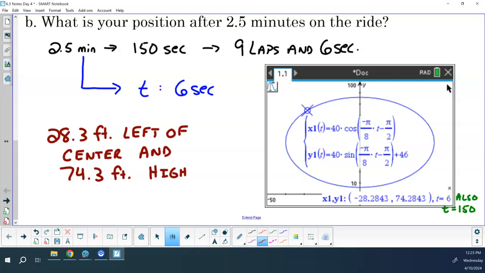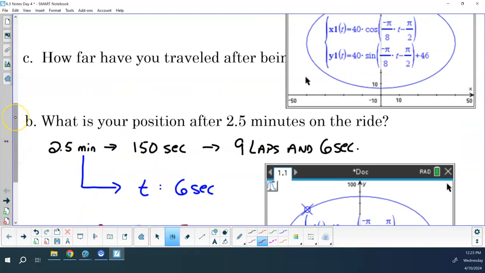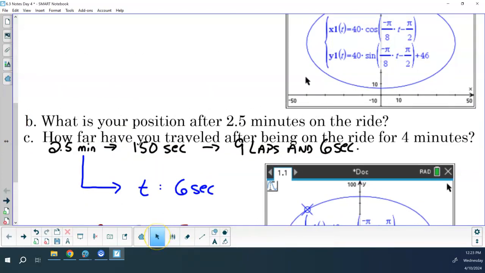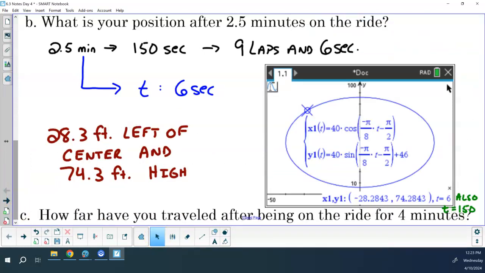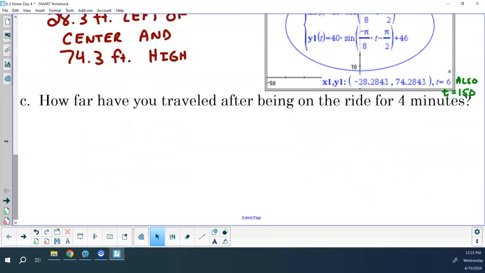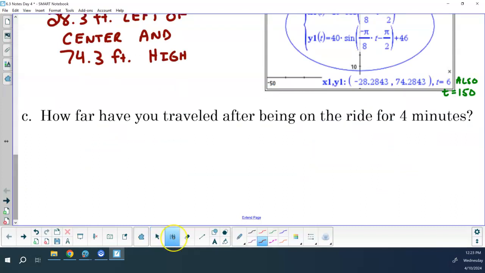Okay. Final question for the warm-up is, how far have we traveled after traveling on said Ferris wheel for 4 minutes? How many seconds is 4 minutes? 240, because I could multiply by 60 seconds over 1 minute, correct?